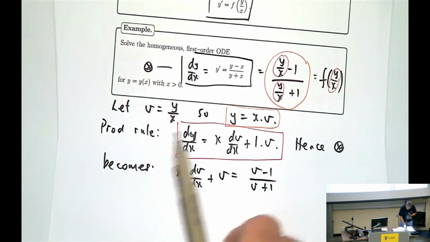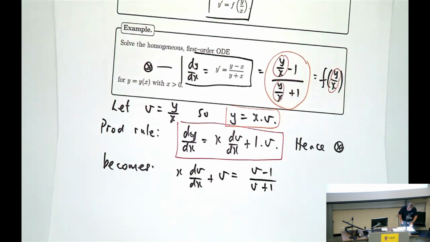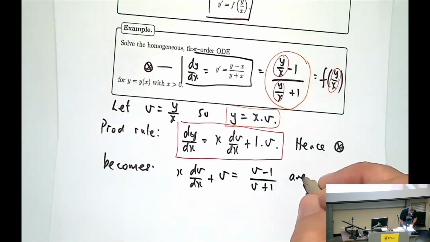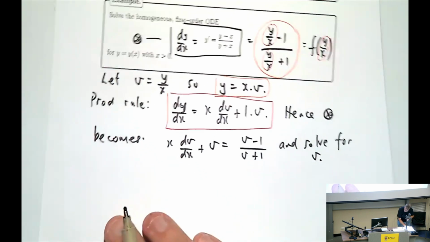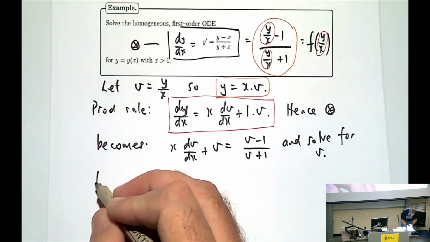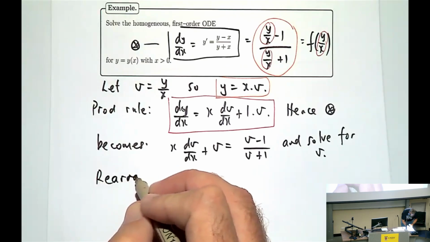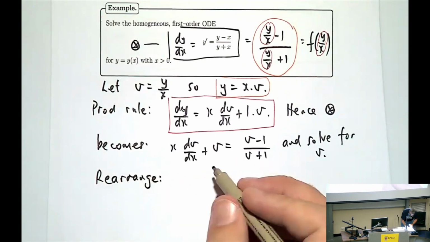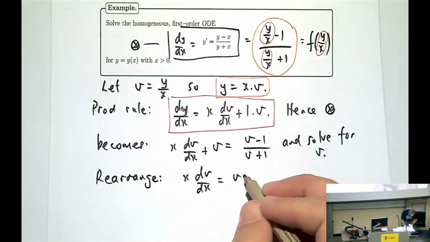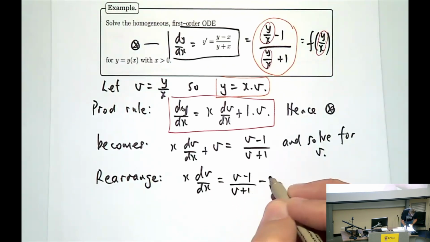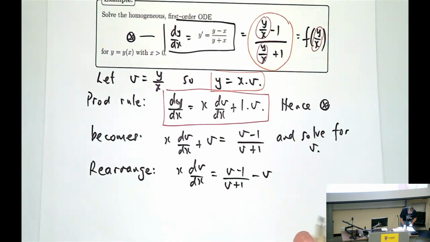Okay, so let's rearrange this. Solve for v. All right, great. So let's rearrange. Okay, I can put that all over one denominator if I want to.